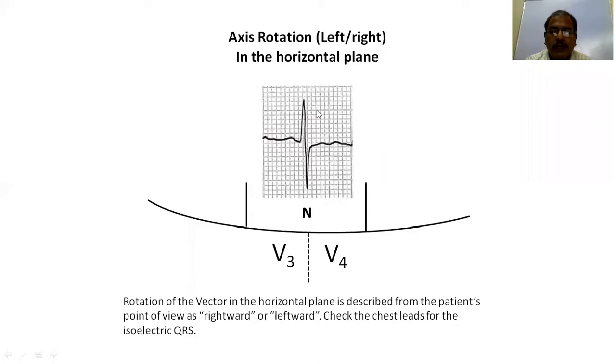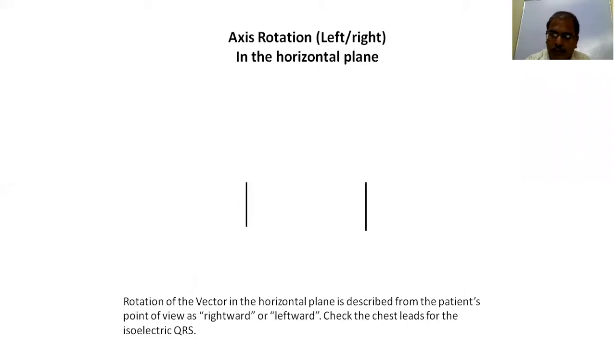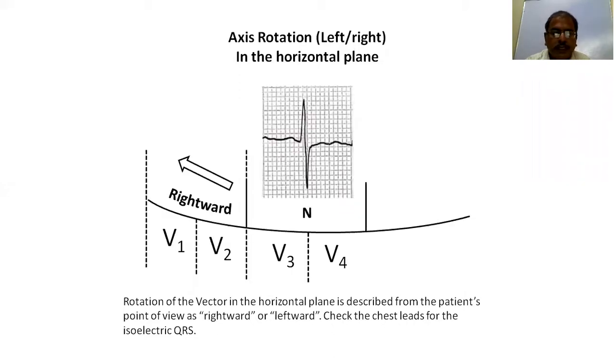So, usually we find the isoelectric complexes, that means equal positive and negative, seen either in V3 or V4. If more negative is seen, then it is towards your rightward, that means you will see it in V1 or V2.